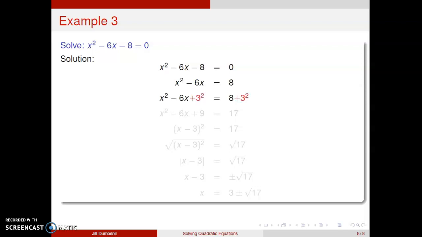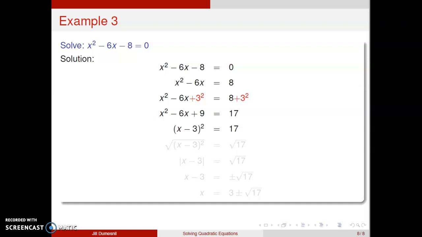Since -6 over 2 is -3, we add -3 squared to both sides of the equation. -3 squared is the same as 3 squared. We get that x squared minus 6x plus 9 equals 17.